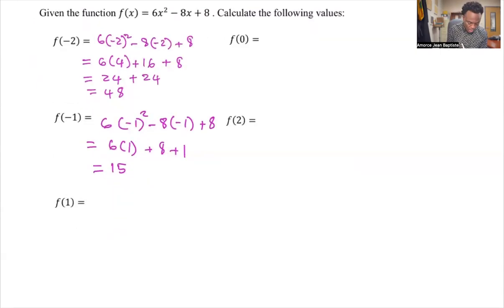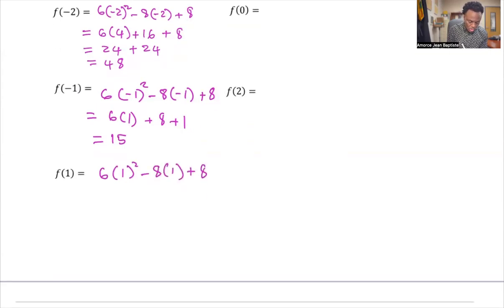F of 1 is 6 times 1 squared minus 8 times 1 plus 8 equals 6 times 1, 6, plus 8 minus 8, 0.